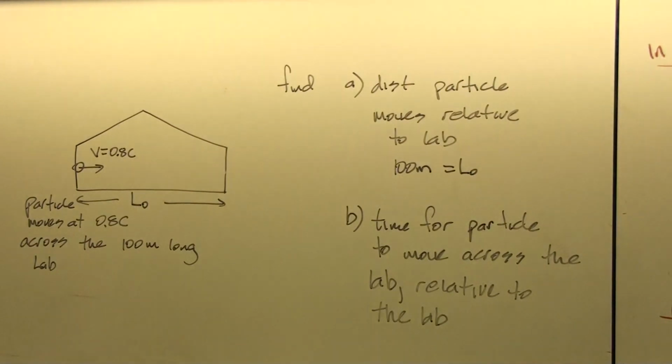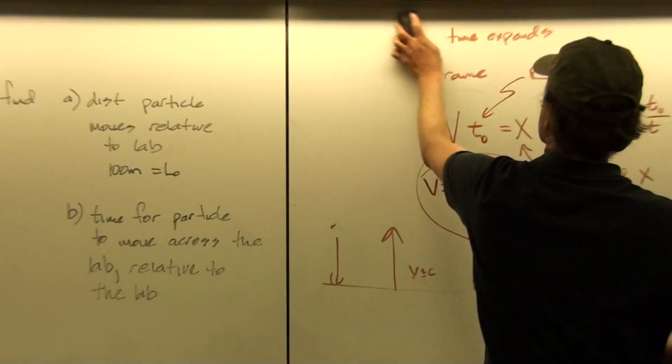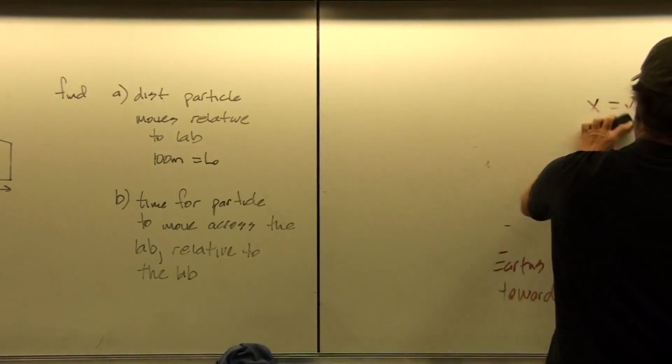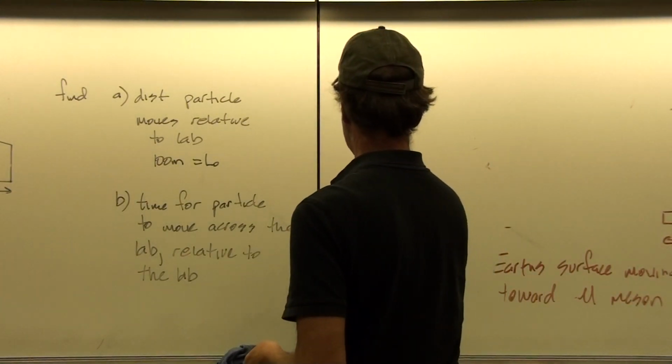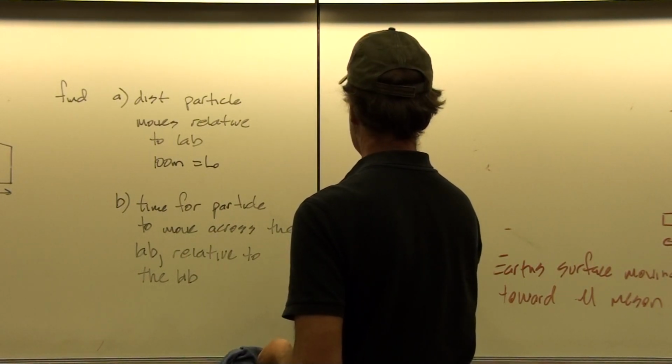Okay, well, the time for the particle to move across the lab relative to the lab is just going to be the distance divided by the velocity. And so neither one of those are contracted at all. We could just say that L naught, distance, is equal to rate v times time.